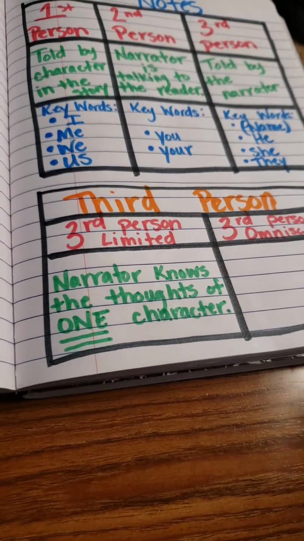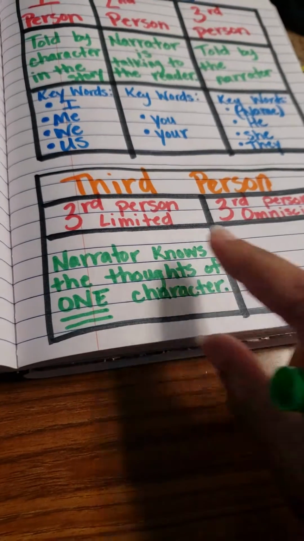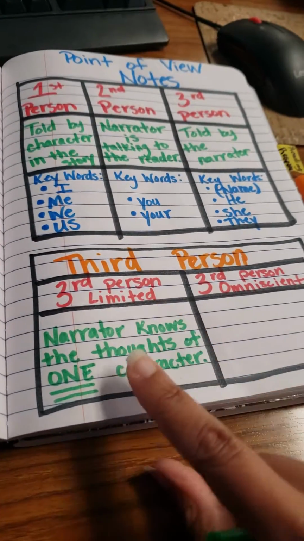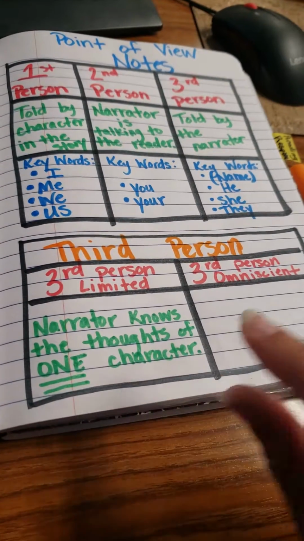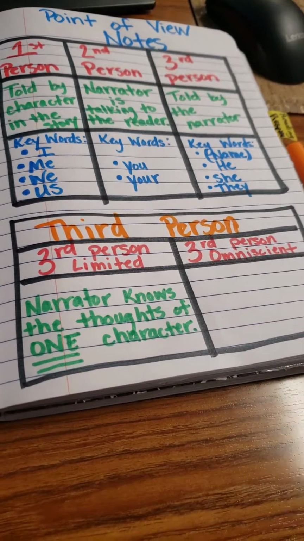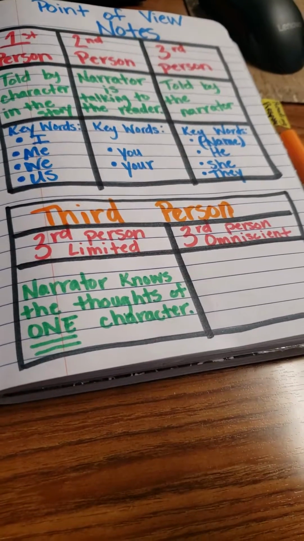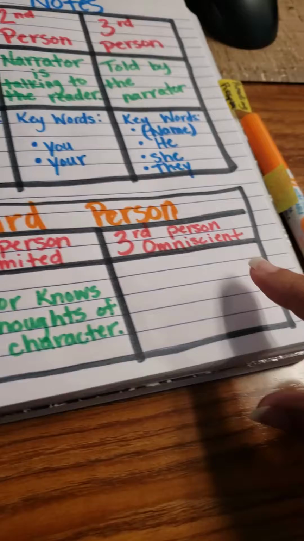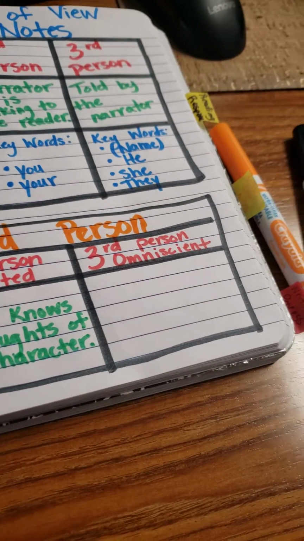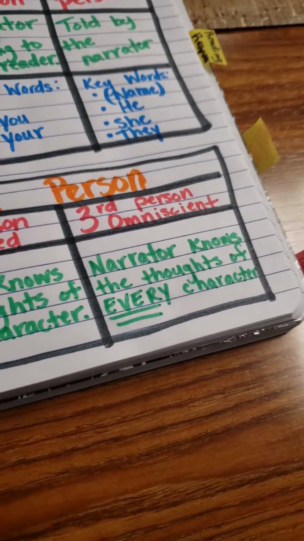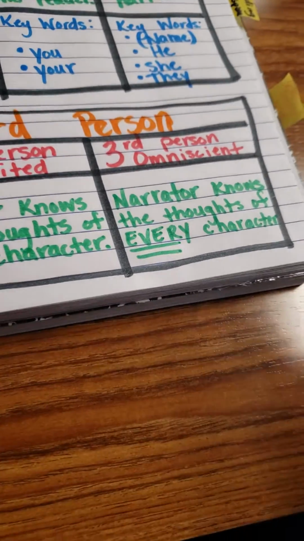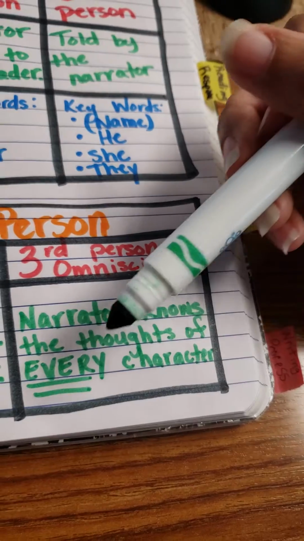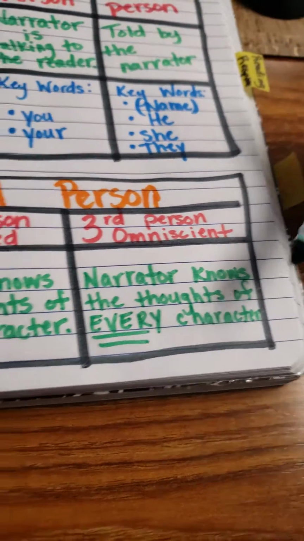So when you're reading a novel or a story, a short story, when it's in the third person limited point of view, the narrator will speak as if they know the thoughts of one person's inner thoughts. Okay? Over here, for third person omniscient. Third person omniscient. The narrator knows the thoughts of every character.